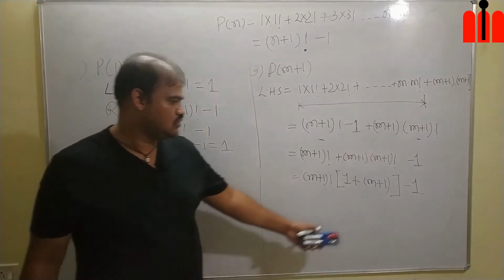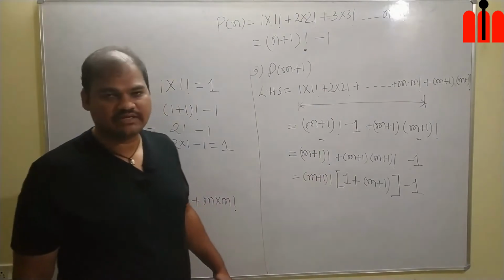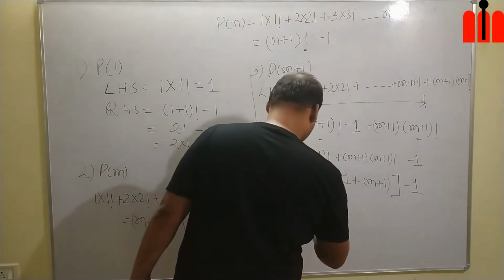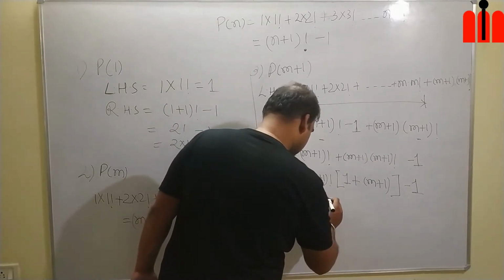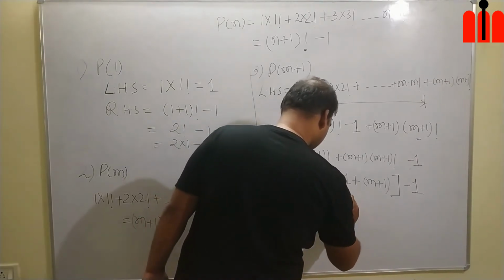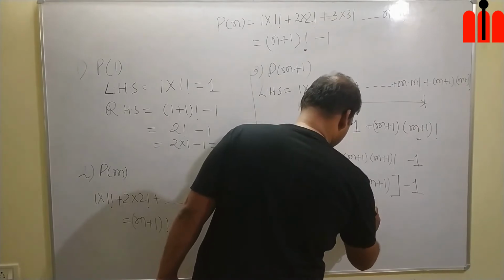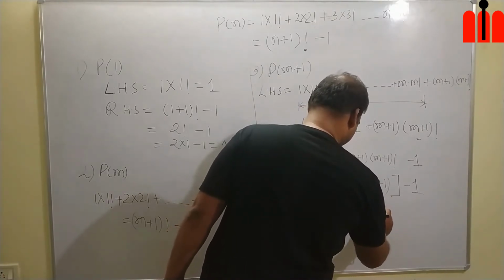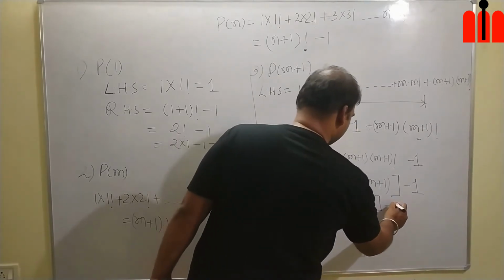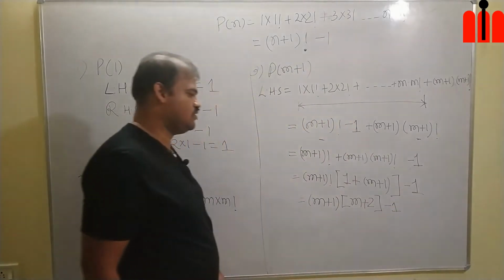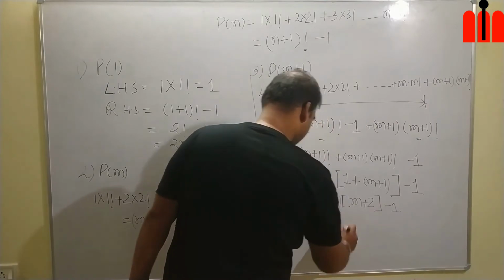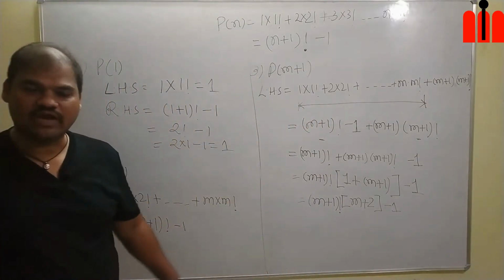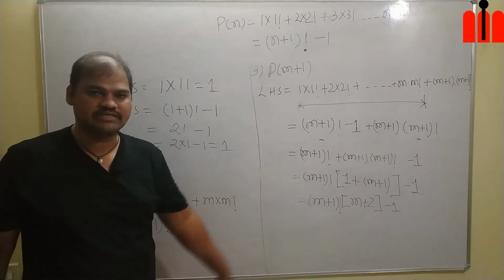So this is the next step. Now 1 plus m plus 1 will be m plus 2, minus 1. Here m plus 1 is nothing but m plus 1 factorial. So this is m plus 1 factorial into m plus 2 minus 1.